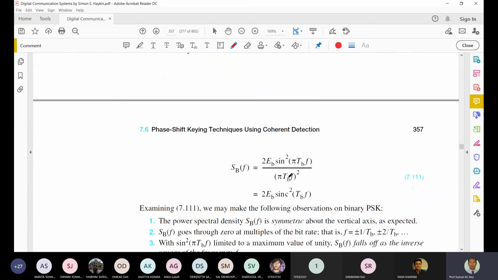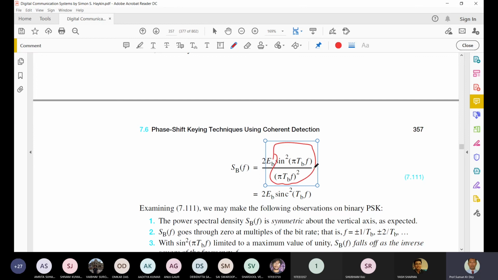So basically we get this value for the power spectrum density. Everything is there, the energy spectrum density divided by the time. So finally we are getting the power spectrum density S(f), which is equal to this function, and as I told, this is a sinc function.